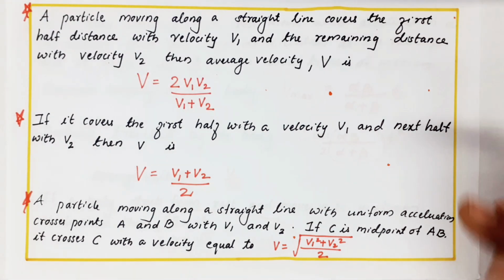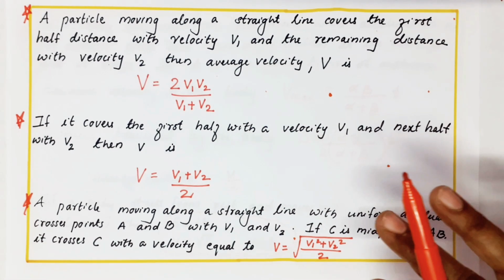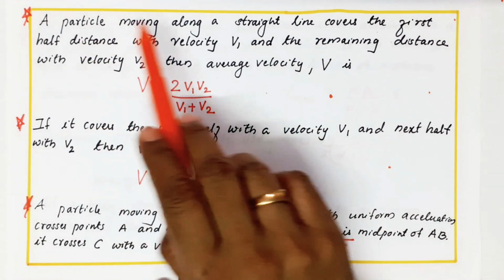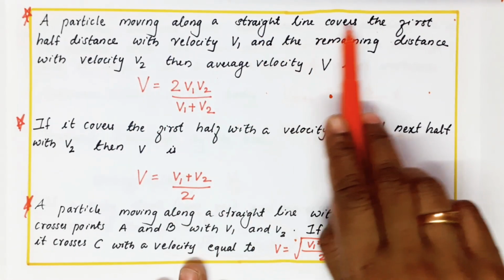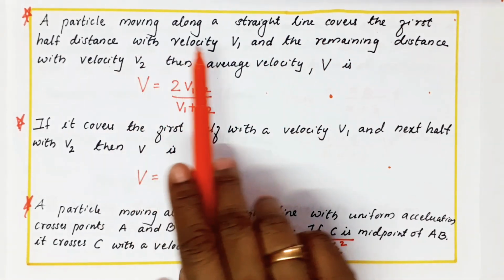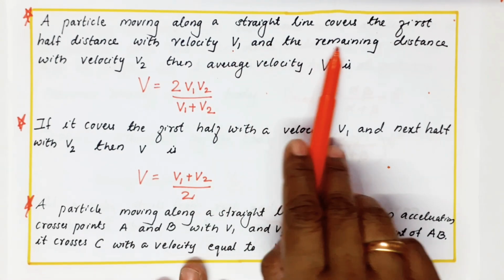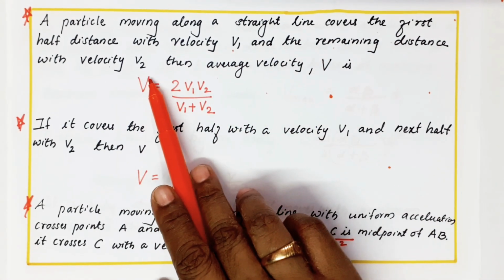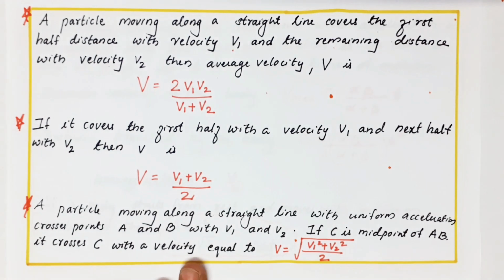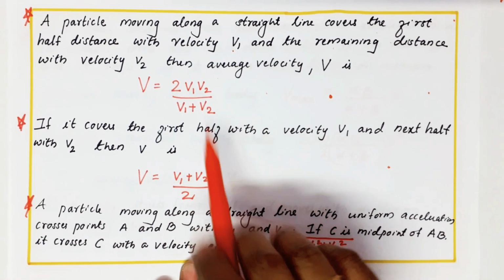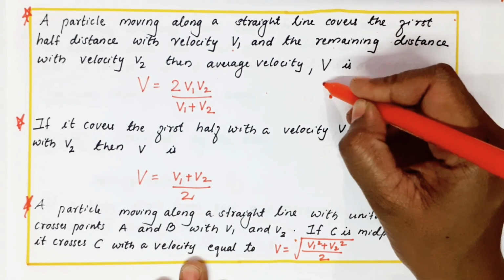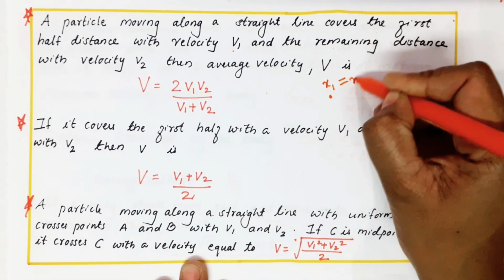Next, I am giving some shortcut equations. A particle is moving along a straight line and covers the first half distance with a velocity v1 and the remaining half with a velocity v2. What is the average velocity? Here in the first case, x1 equals x2.